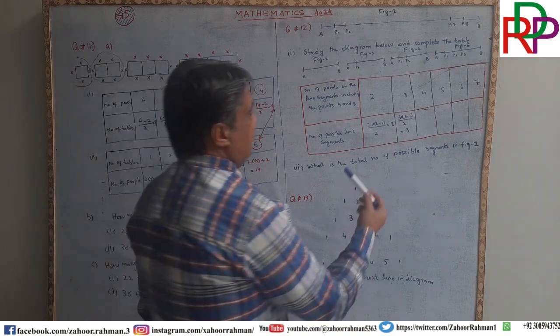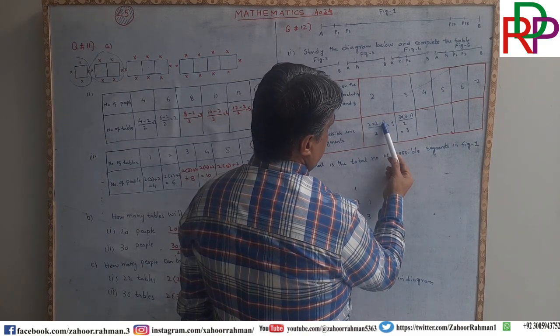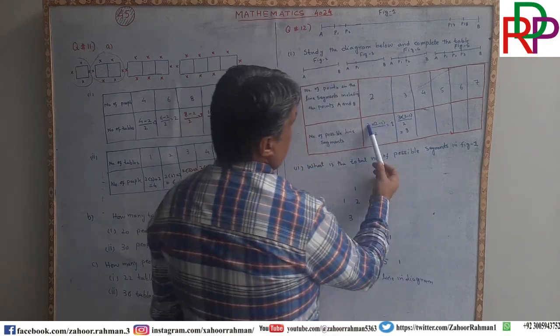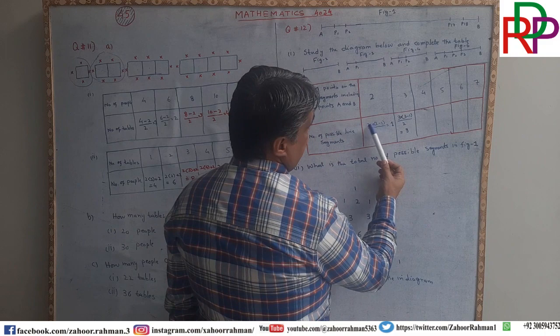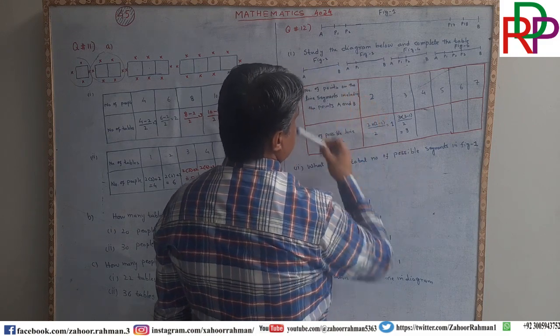And it is generalized like this: 2 into 2 minus 1 whole divided by 2. 2 into 1, 2 ones are 2, 2 divided by 2, 1. So we will get one line segment.